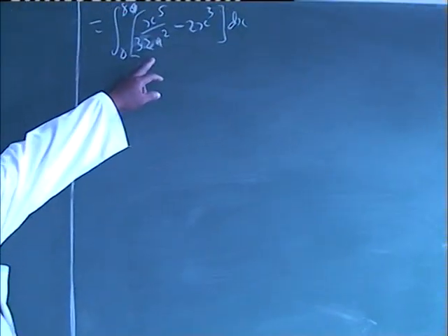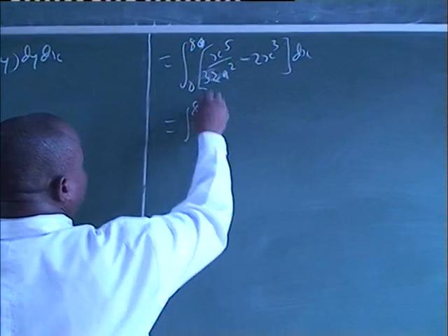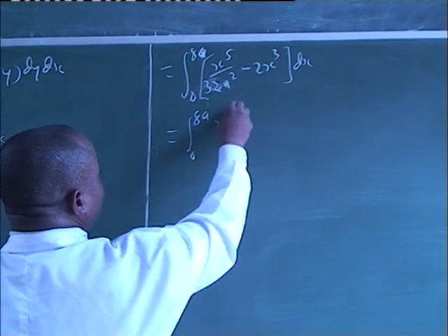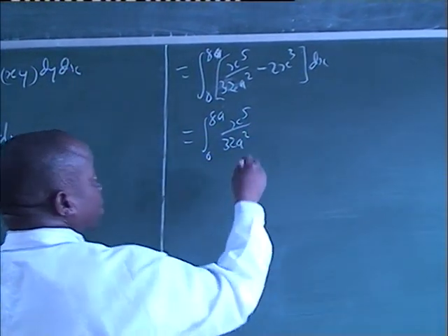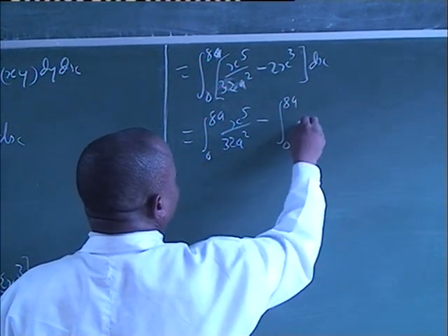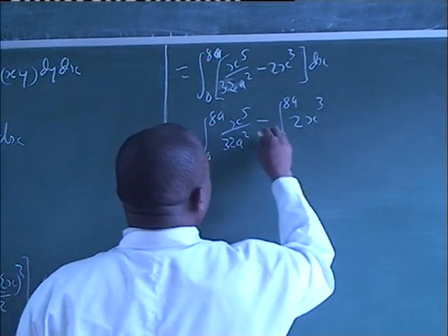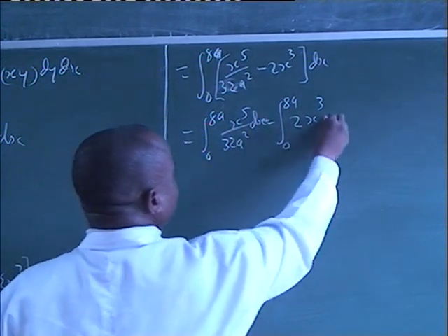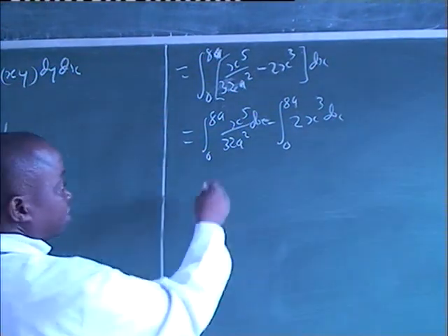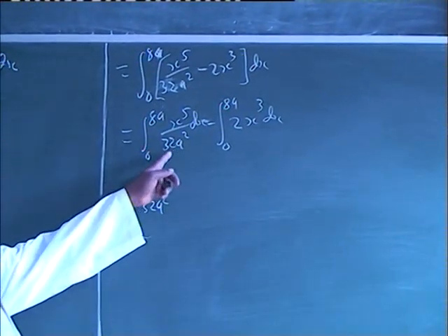But I know that this is the same as the integral 8a to 0 of x raised to the power 5 over 32a squared, minus the integral 8a to 0 of 2x cubed. We are integrating dx, minus also dx with respect to x. I try to bring out this constant so that it will be easier for us. So we have 1 over 32a squared, because this is constant a.